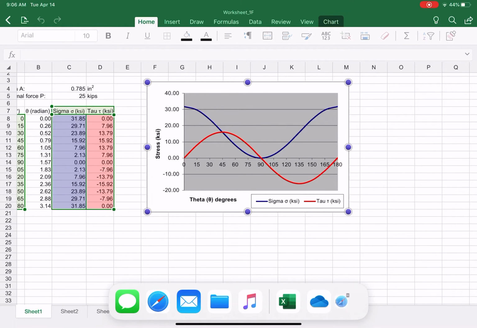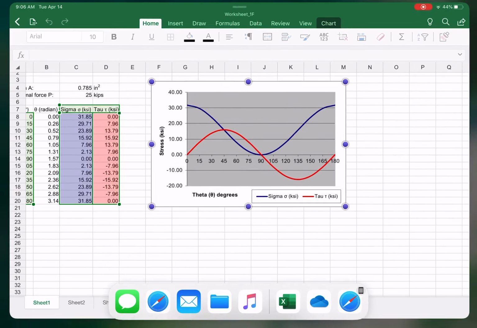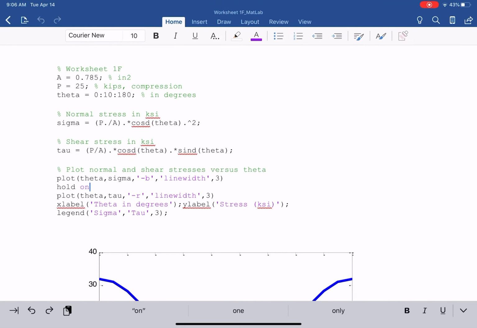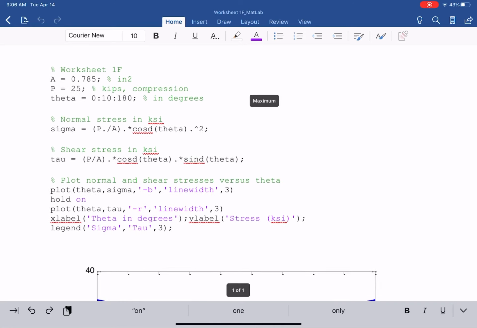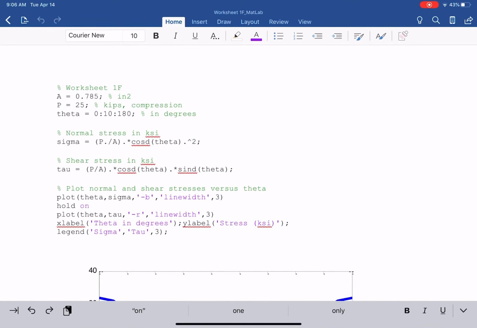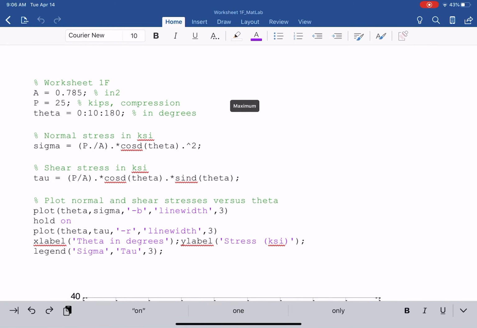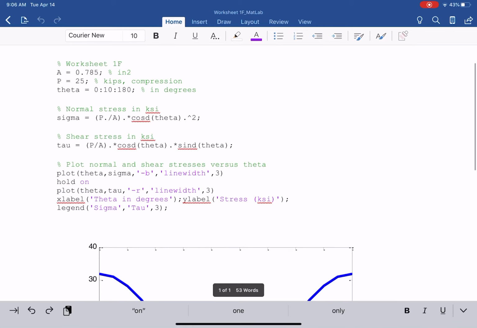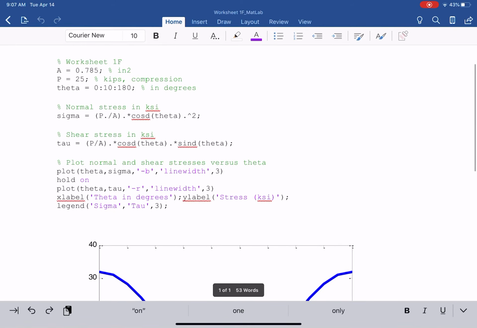Similarly, we can do it in MATLAB code, and it's also available on Canvas. So we set up A equal to 0.785 square inch, P equal to 25 kips, and we vary theta in degrees with an increment of 10. Then you can write the sigma equation, P over A cosine theta squared.